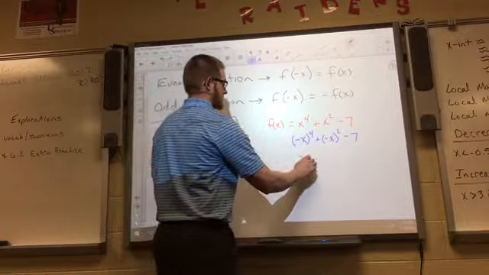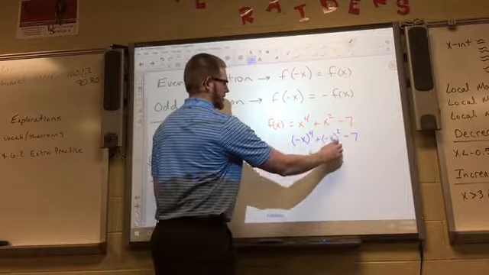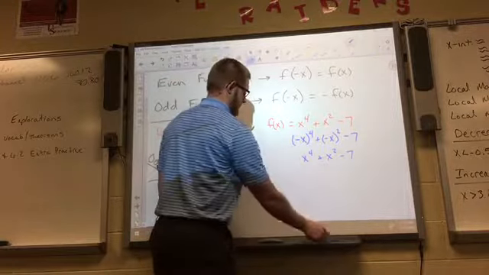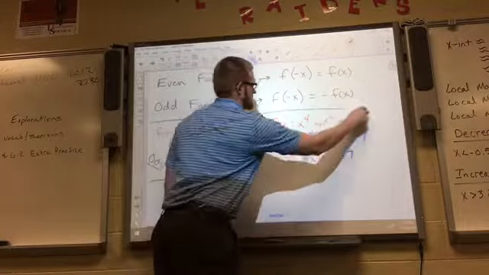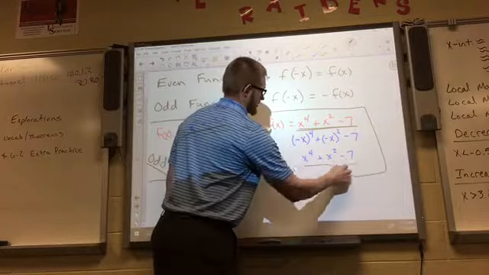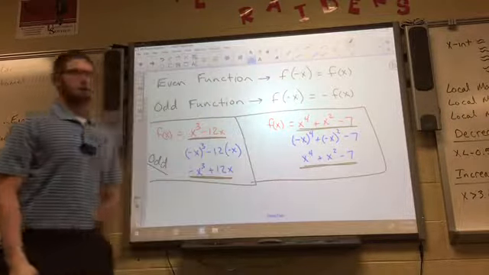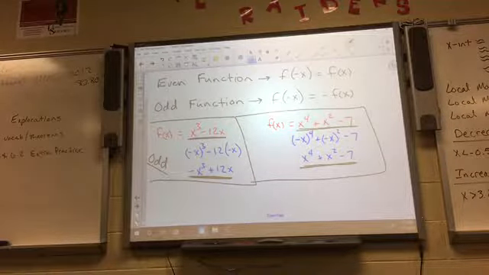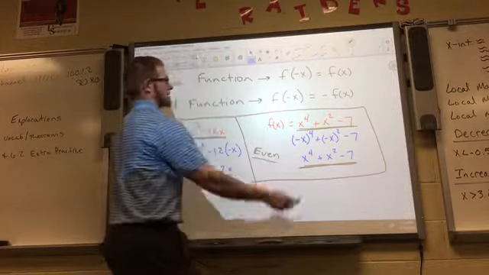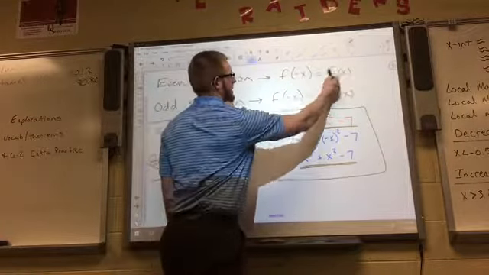Okay, so I have x to the fourth plus x squared minus 7. So looking at my original and comparing it to what I ended up with, did anything change? No, it came back out as the exact same function. So is that an odd or an even function? That's even. I plugged in negative x and I ended up back where I started.